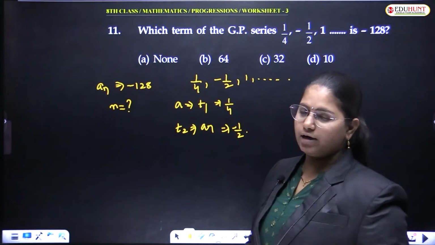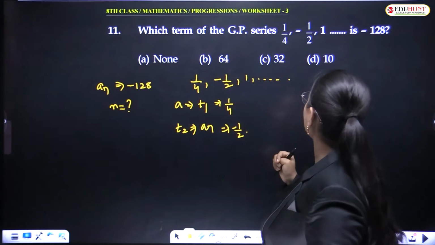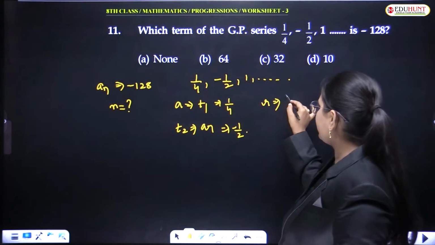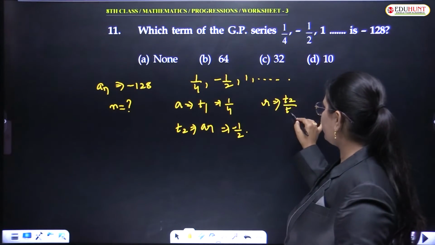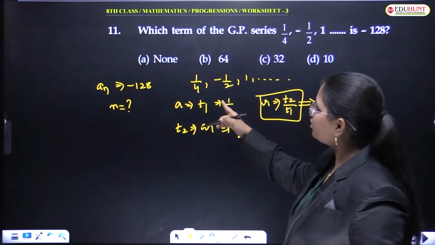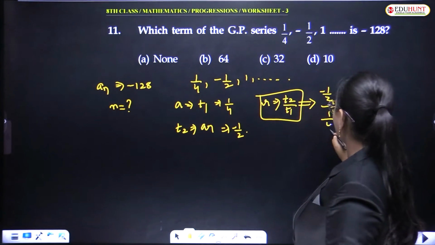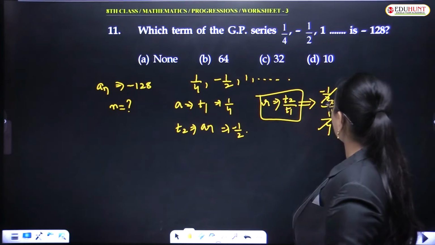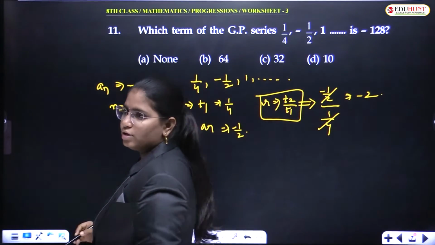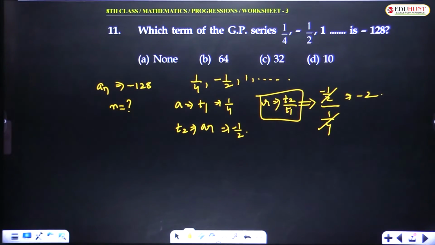So first I need to find the common ratio, T2 by T1. What is the formula of common ratio? T2 by T1. The value of T2 here is minus 1 by 2, and the value of T1 is 1 by 4. Cancel these together and you will have minus 2.